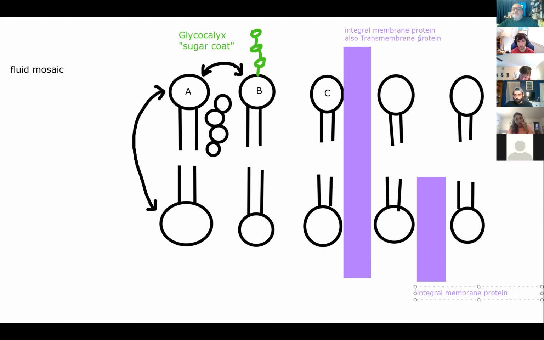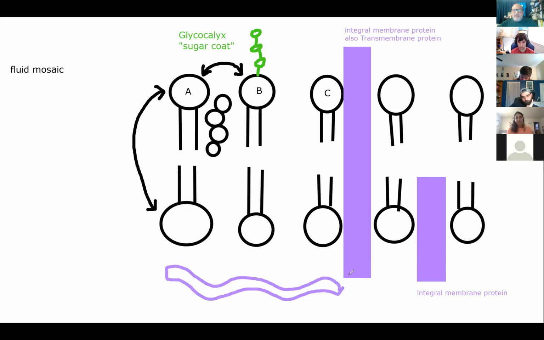Another protein, however, may be here, right? It could actually be attached to an integral membrane protein, but it is not actually attached to the plasma membrane itself. And because it's not actually attached to the plasma membrane itself, this would be a peripheral membrane protein.